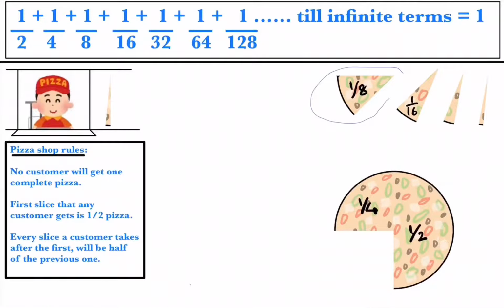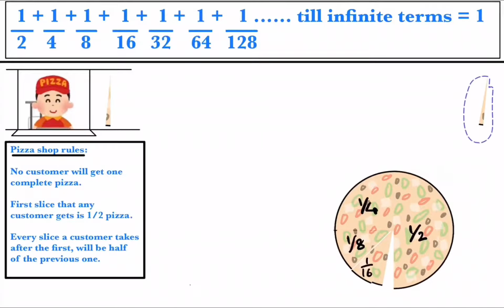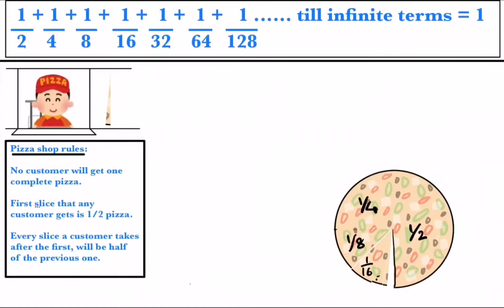Now the next slice is 1/8 of the complete pizza. Now the next slice is 1/16. The next slice is 1/32. The next slice is 1/64.